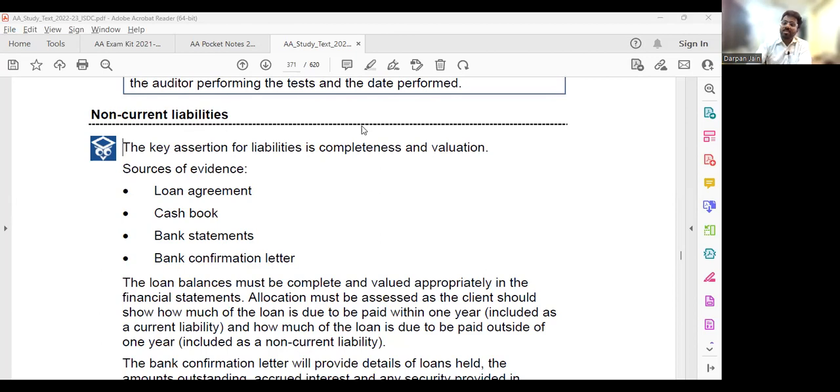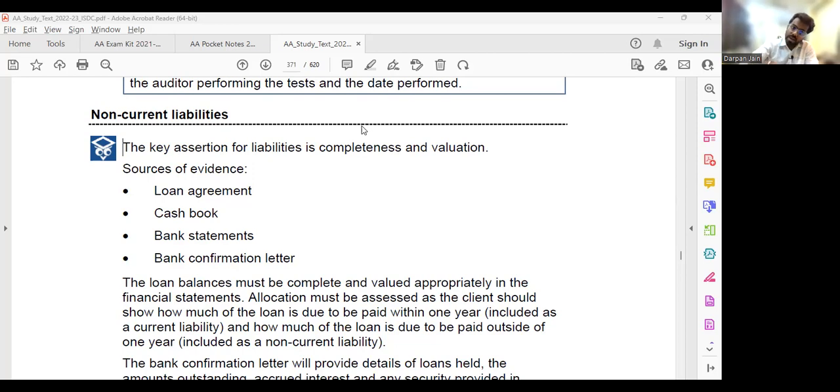That means the long-term loan has to be divided between current and non-current liability.